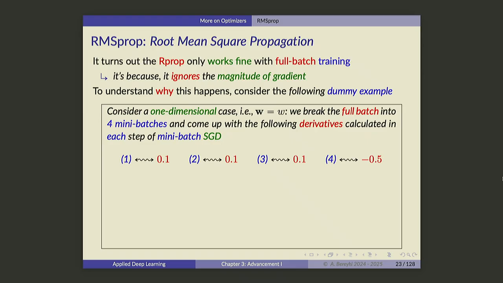OK? Now, can you tell me roughly, not exactly, roughly, if I would have computed the full batch gradient, what would it be? Any idea? You cannot say the exact one, but roughly. You could say, yeah, almost 0.